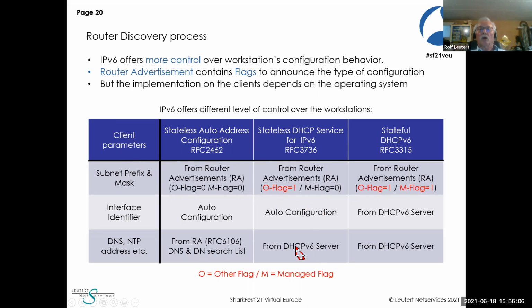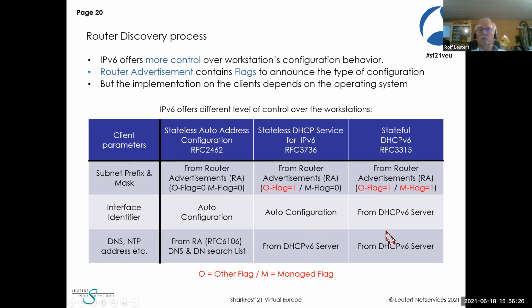If you need more parameters, you are allowed to search for a DHCP server. So that's kind of mixed. It's still stateless. The DHCP server then provides options without registering the client.